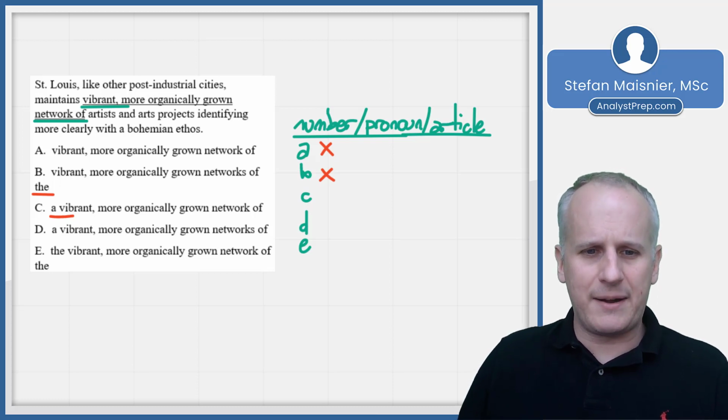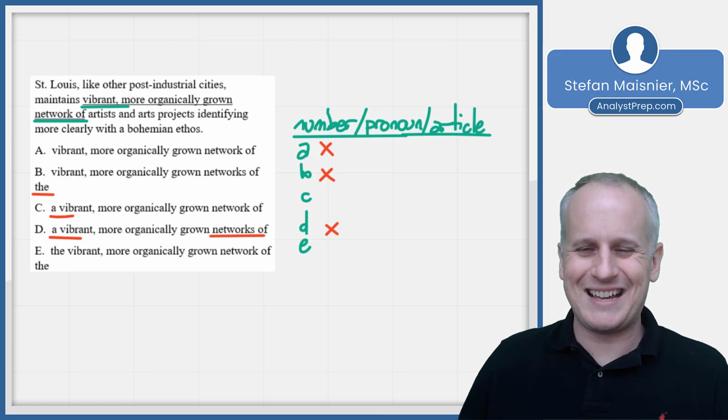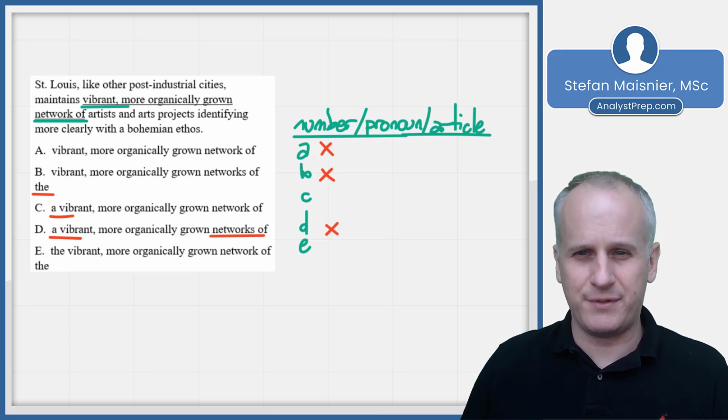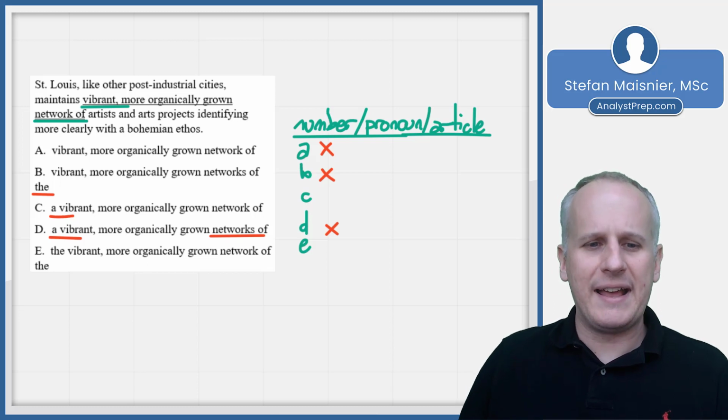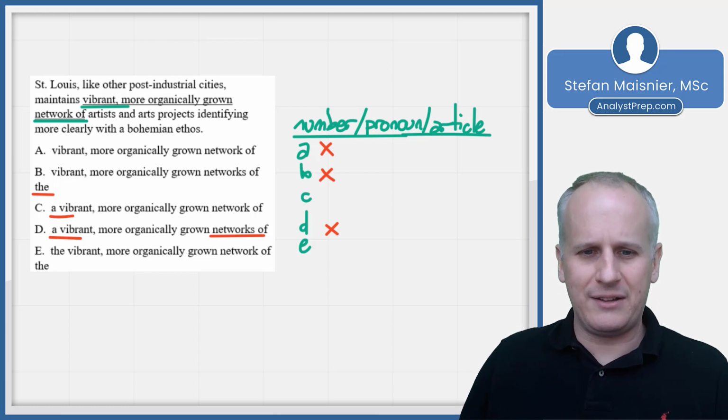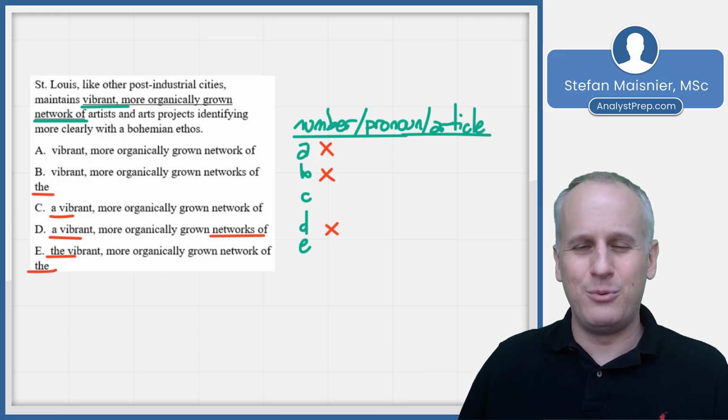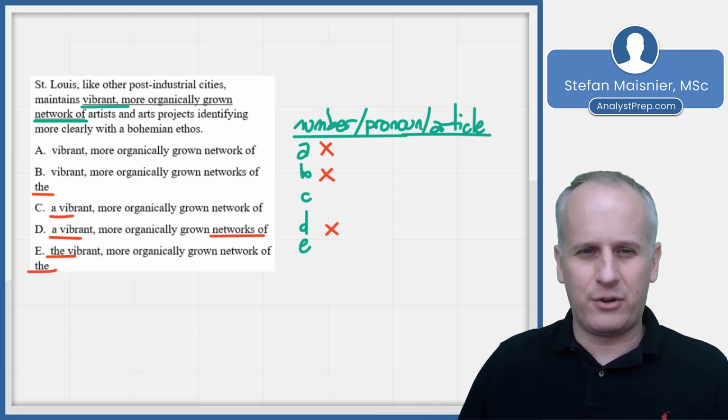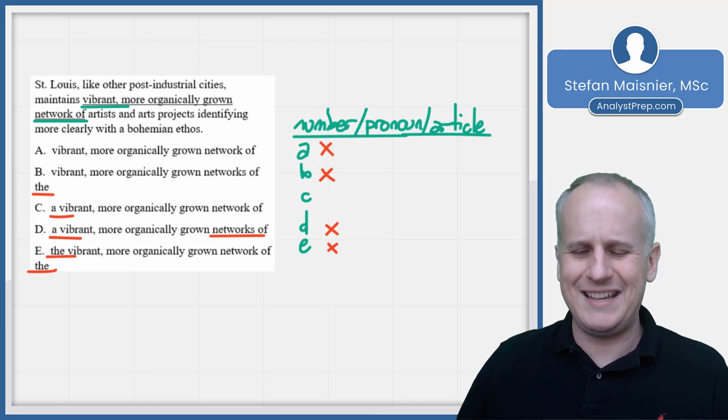Now, "a vibrant" cannot match multiple networks. So choice D is out for an incorrect matching in terms of the number in the article there. And "the vibrant, more organically grown network of the artists." Well, once again, we don't want to produce the definite article for "the artists." It's just generically artists and arts projects. So choice E is out.